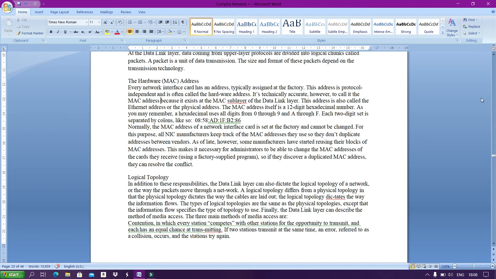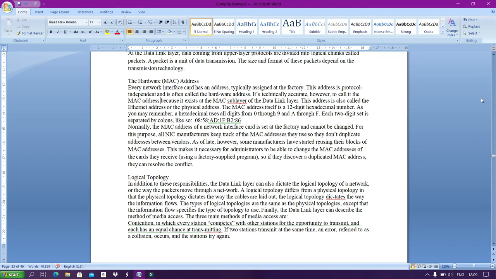Normally, the MAC address of a network interface card is set at the factory and cannot be changed. For this purpose, all network interface card manufacturers keep track of MAC addresses they use so they don't duplicate addresses between vendors.